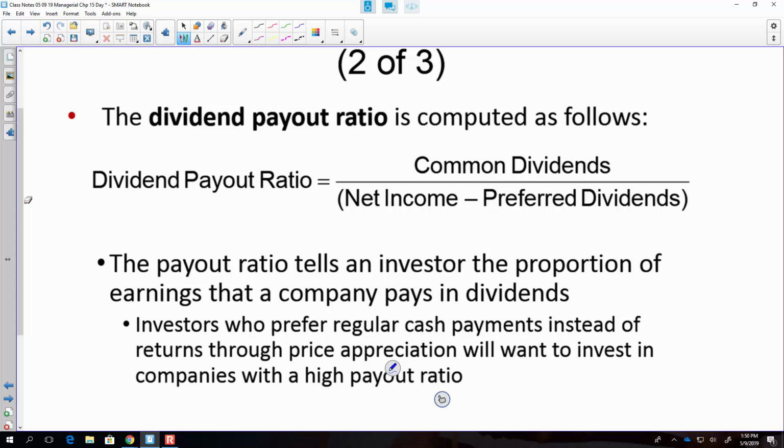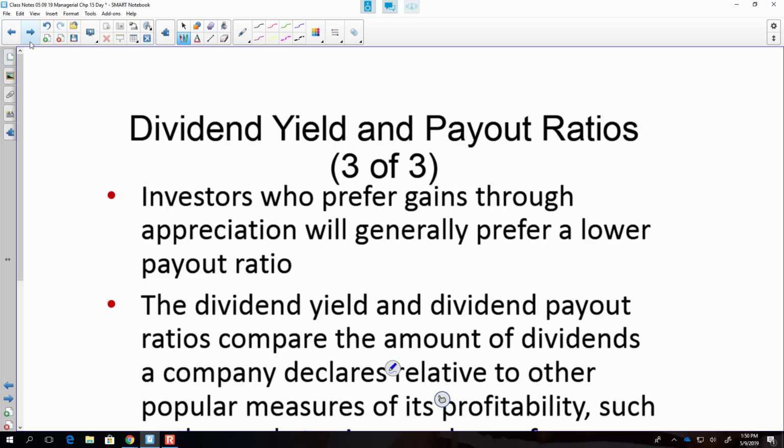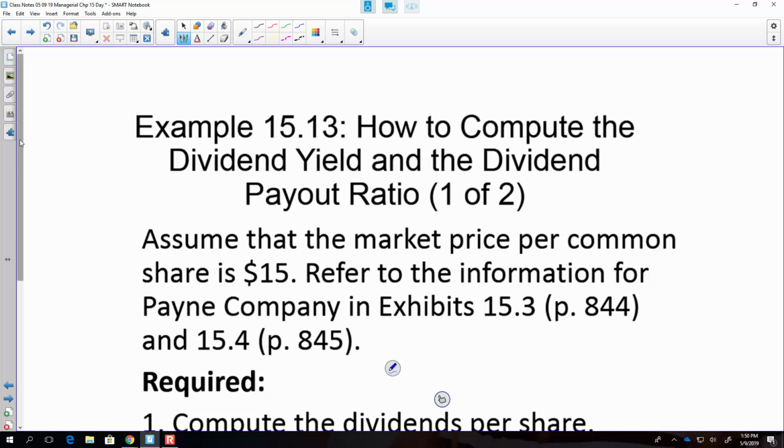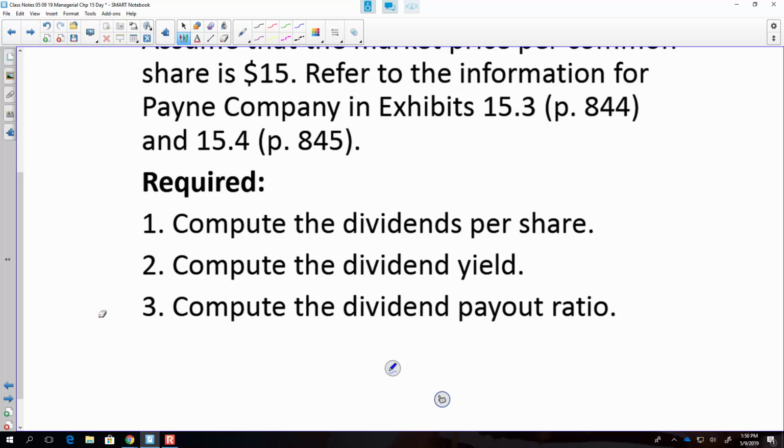This is on page 860, part of our profitability ratios. And we'll just plug it in as we do our problem. Example 13 is our example where we're computing the dividends per share, the dividend yield, and the dividend payout ratio.